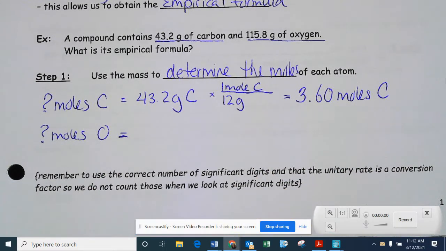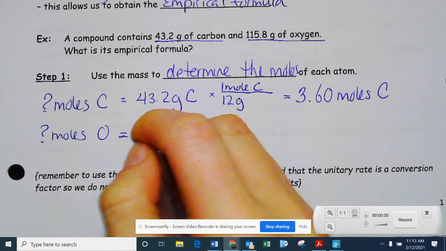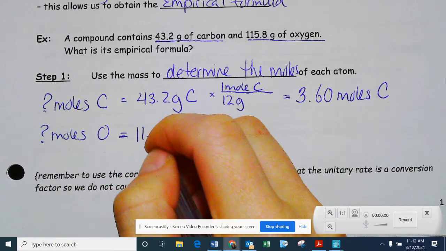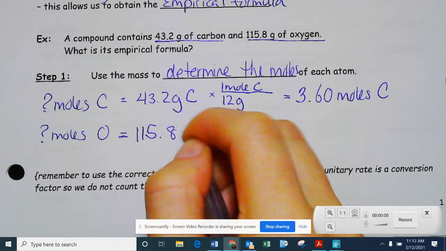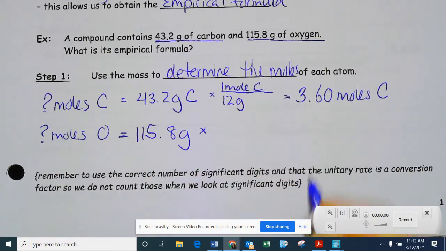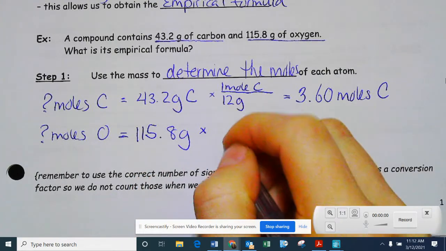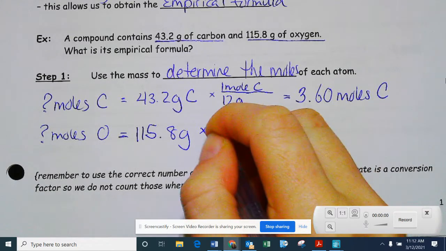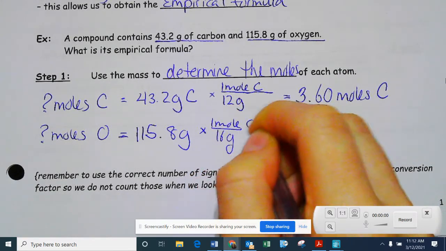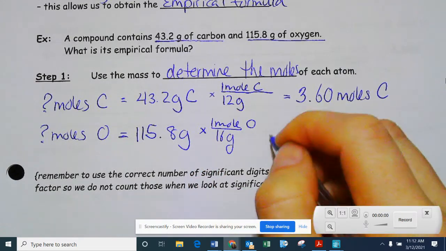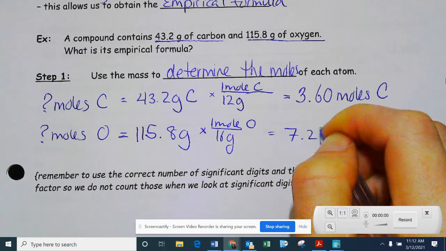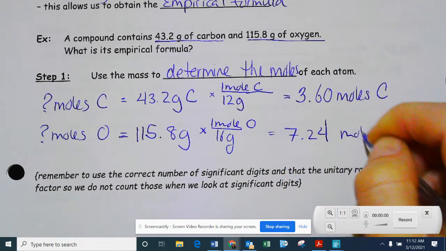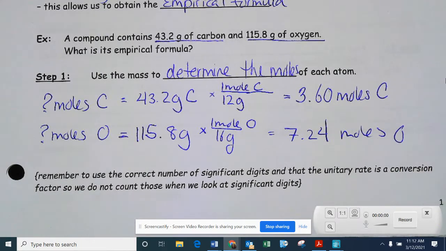For oxygen, I've got 115.8 grams, and I'm multiplying it by the molar mass of oxygen, which is 16 grams for every 1 mole of oxygen. I end up with 7.24 moles of oxygen.